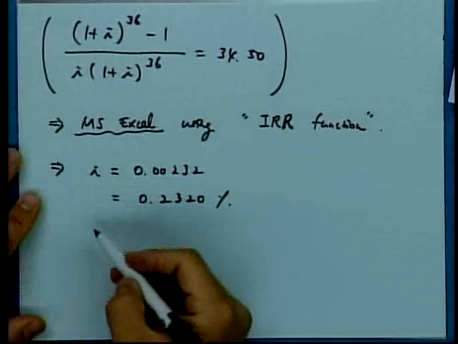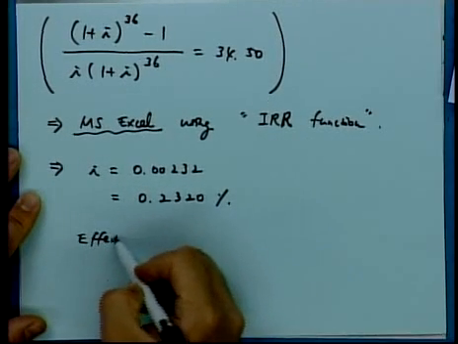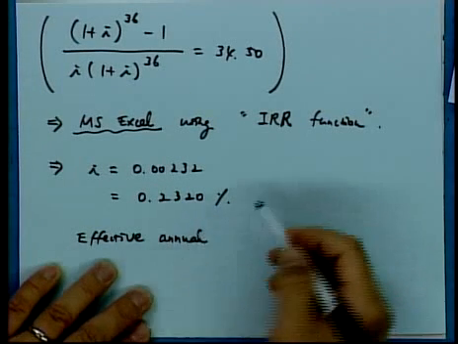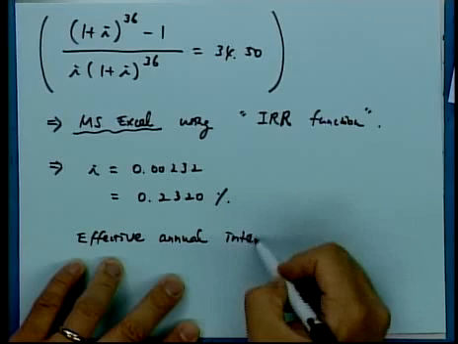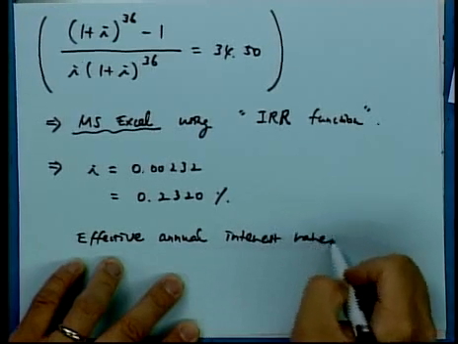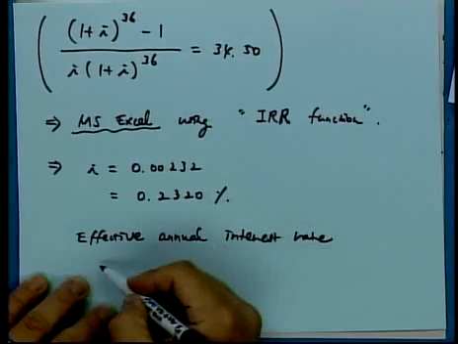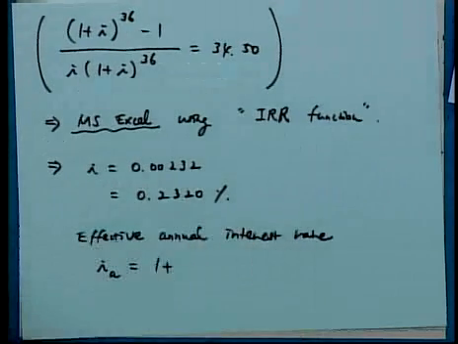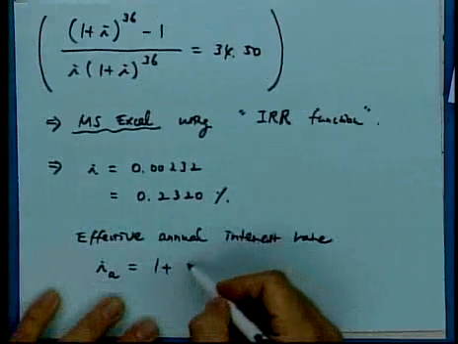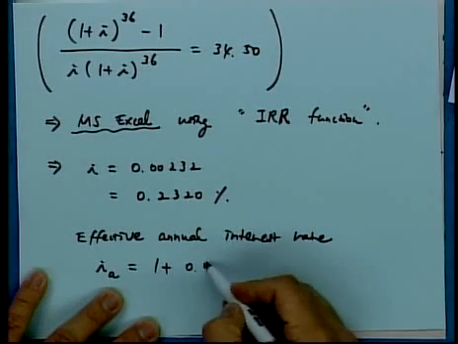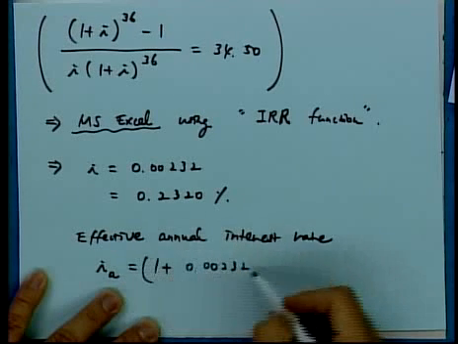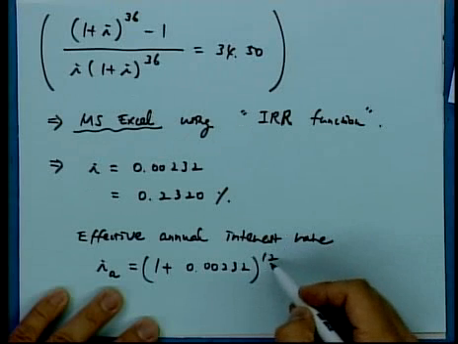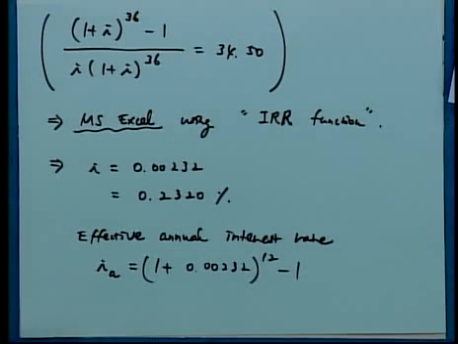So in this case, the effective annual interest rate would be I sub A equals 1 plus 0.00232 to the power 12, because there are 12 months in a year, minus 1.